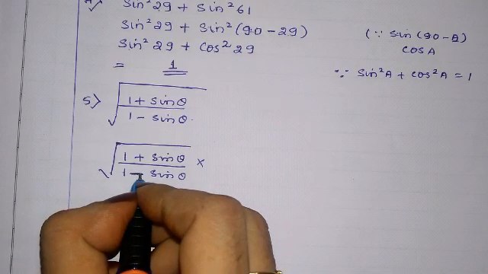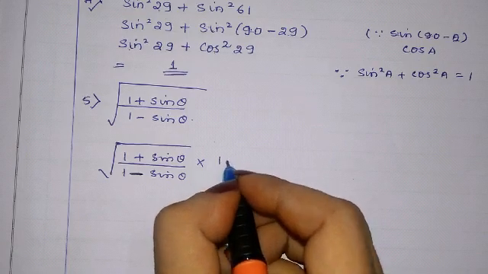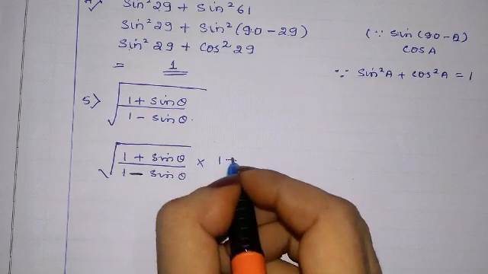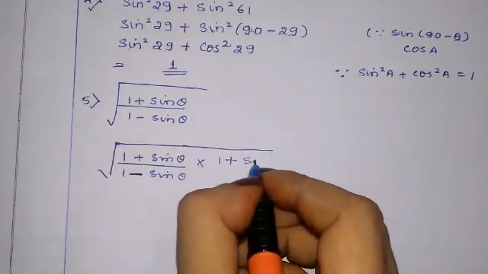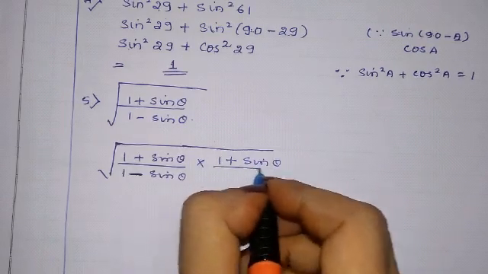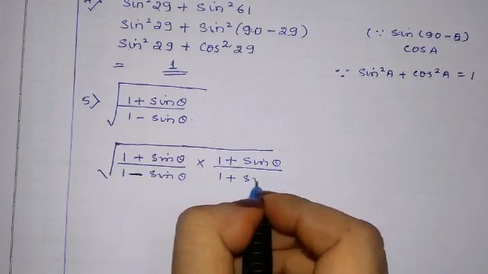1 plus sine theta as it is I'll keep, upon 1 minus sine theta, into rationalize the denominator: if negative is there it becomes positive. So 1 minus sine theta becomes 1 plus sine theta, upon 1 plus sine theta.